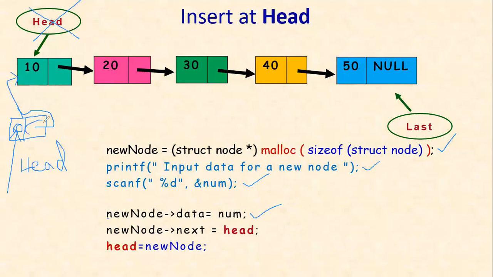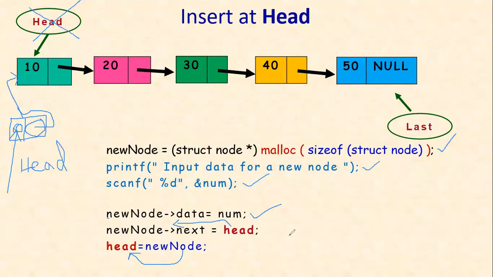This part should hold the address of the head, so I am assigning head to the new node's next, right? And what next? Now this new node is the head, so I am assigning the address of the new node to head. So furtherly, head points to the recently created node. Okay, so this is how we insert a new node at the head position.